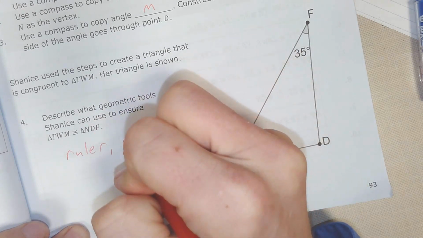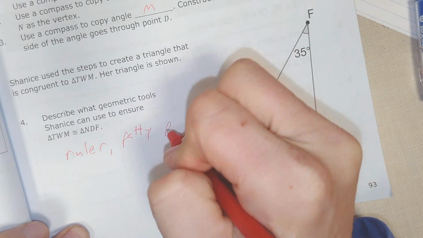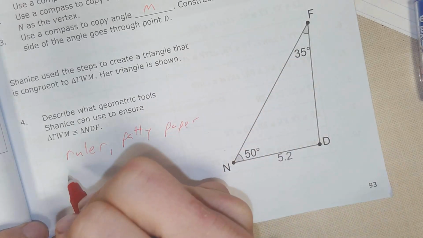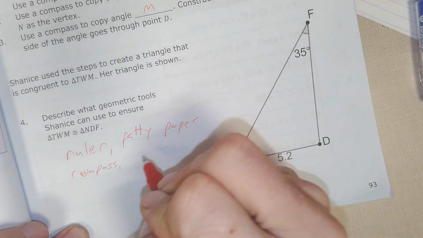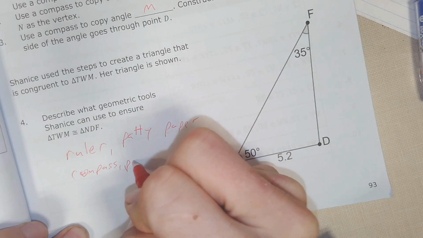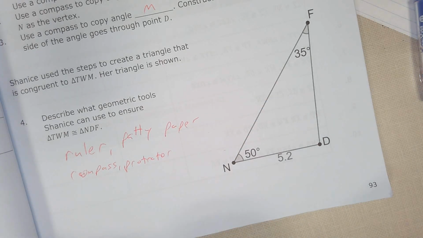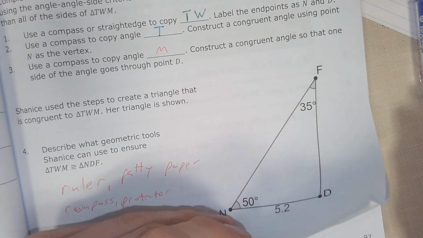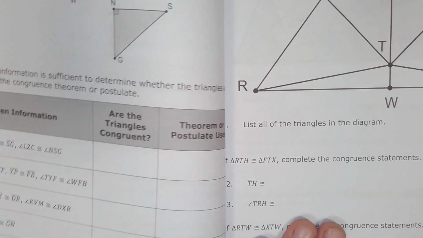She could have used patty paper. She could have used a compass. She could have used a protractor. Those are the tools of the trade for geometry, for geometricians, if that's a word, I'm not sure.